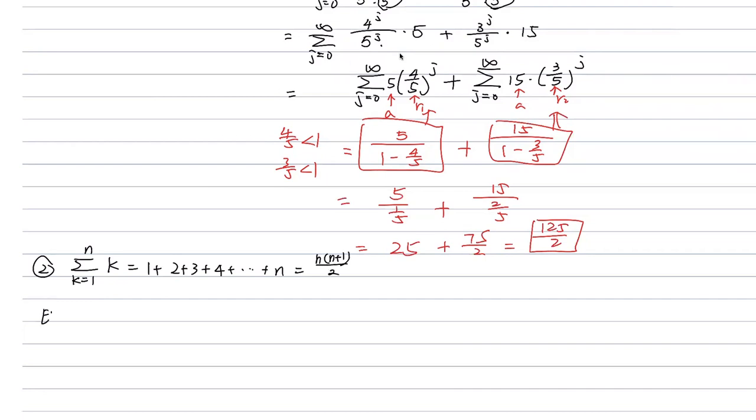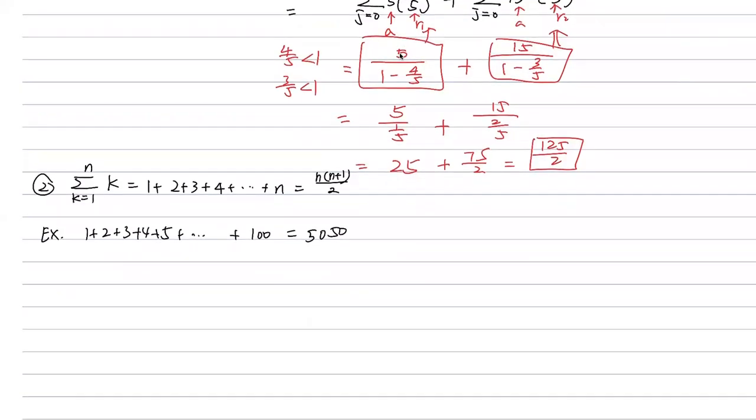Now, one of the examples we have is 1 plus 2 plus 3 plus 4 plus 5 plus all the way to 100, which equals 5050. The reason we got 5050 is because we recombine them. We do 1 plus 100, and then 2 plus 99, 3 plus 98, 4 plus 97, and then keep going.